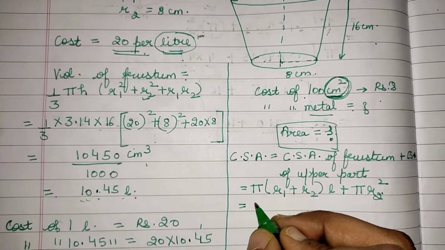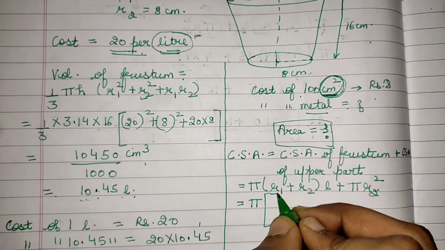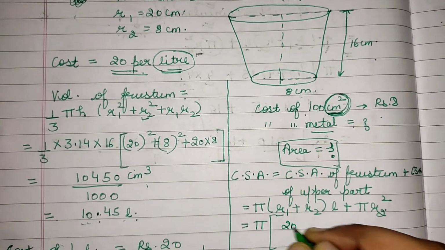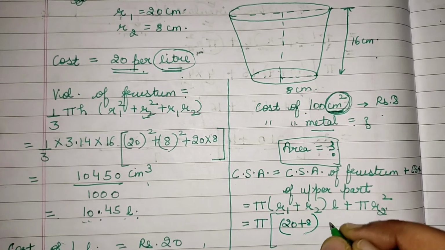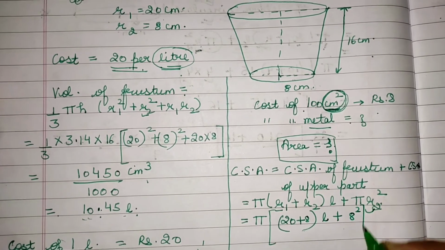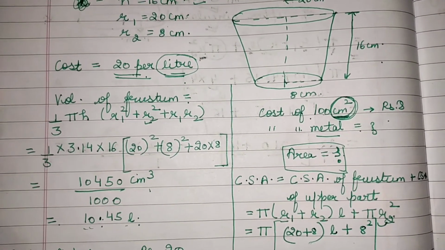You know all the values. Take out pi as common. R1 is 20 plus R2 is 8, and L we have to find, plus R2 again, which is 8 square.